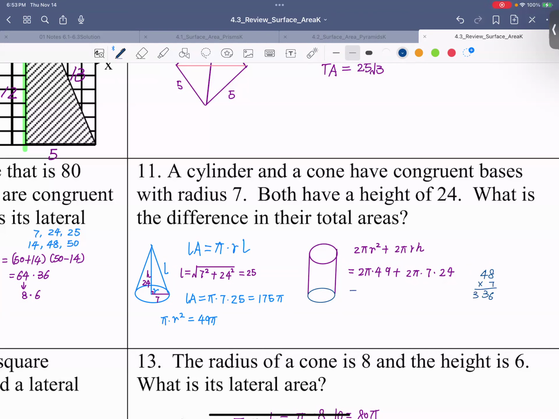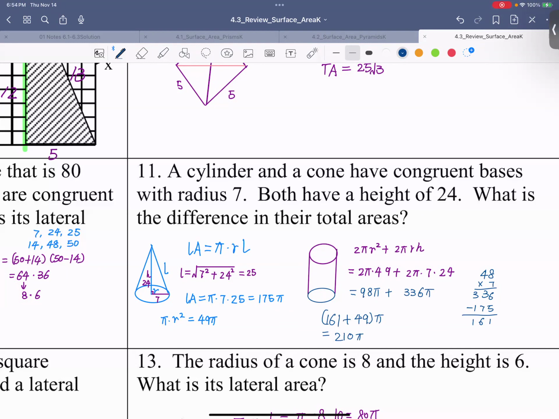So this is 98 pi plus 336 pi. And you do their difference. So you do 336 minus 175, which is 161. And then plus 49, which is 210 pi.